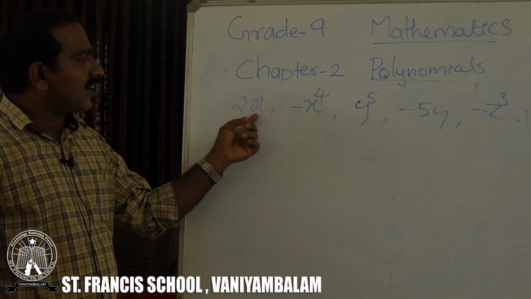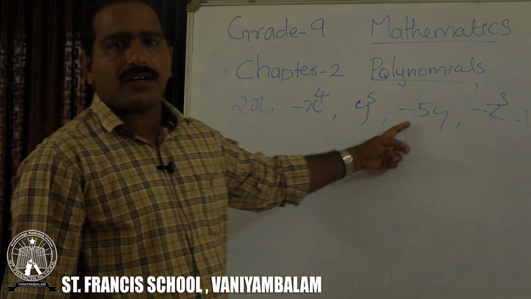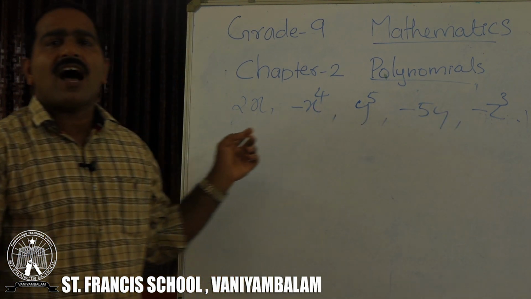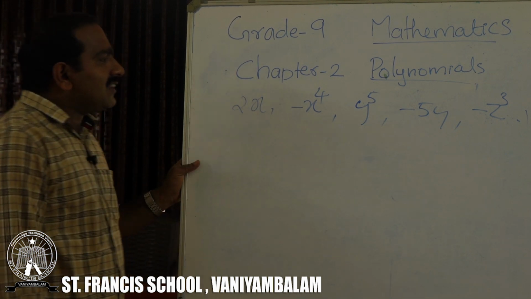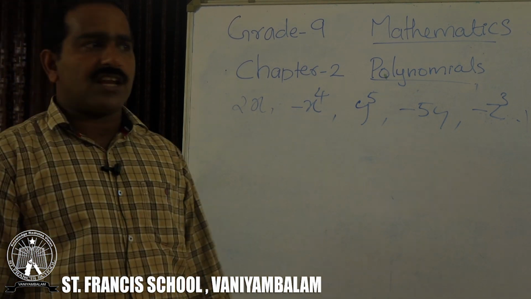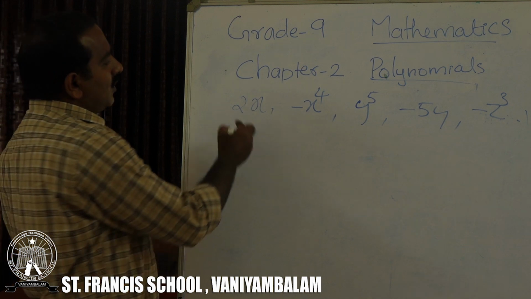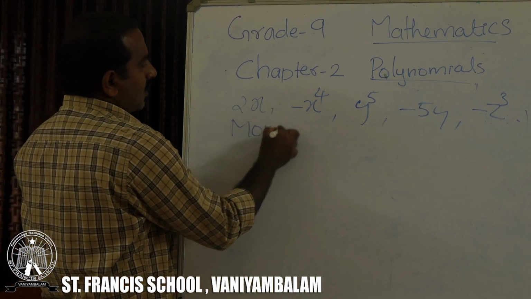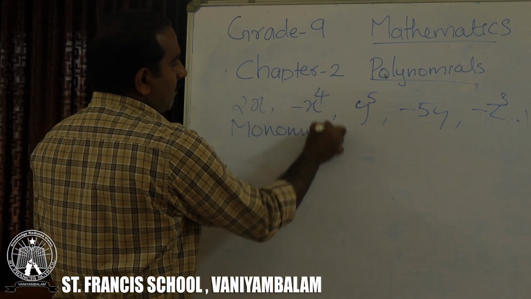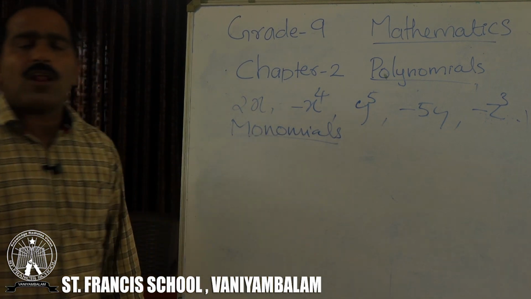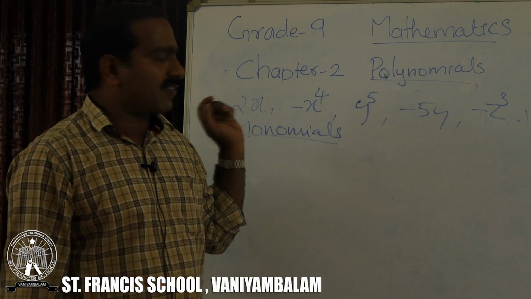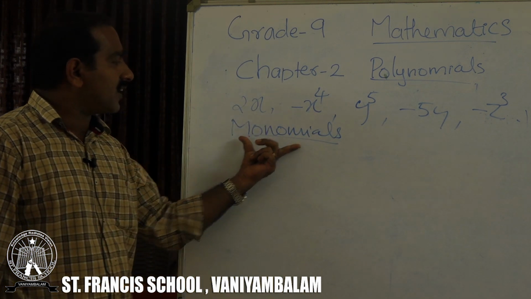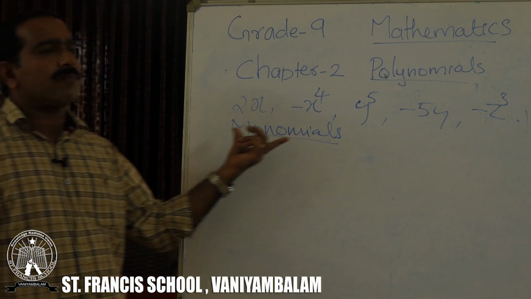Here only one term, one term, one term. All these polynomials have only one term, so they have a special name. These polynomials are called monomials. What is a monomial? A polynomial having only one term.